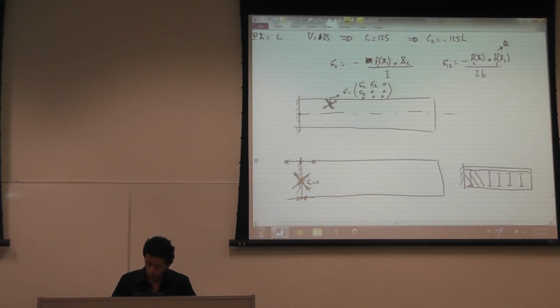And so the one thing, if you're not familiar with this equation, what is Q?